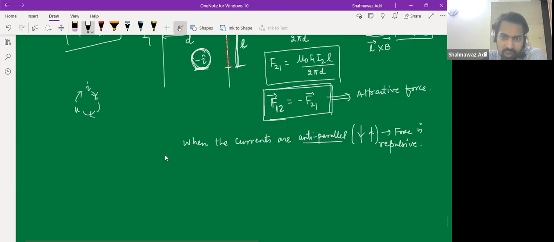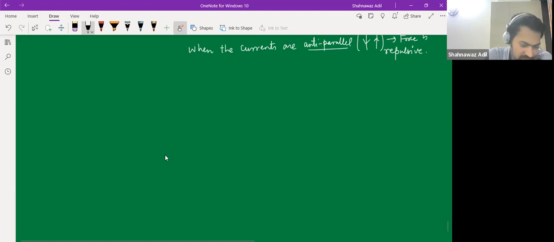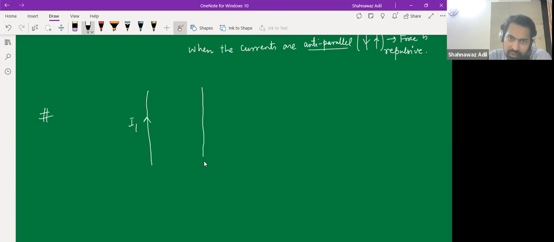Done, sir. Okay, so now we understood that if we have two parallel current carrying wires, then the force applied here has magnitude mu naught I1 I2 L divided by 2 pi.